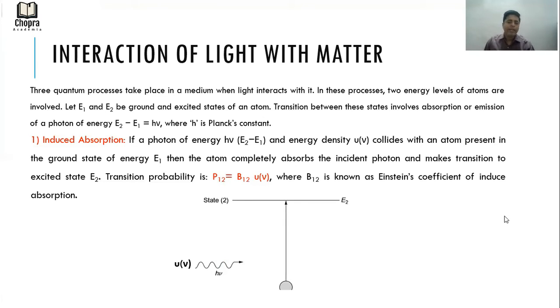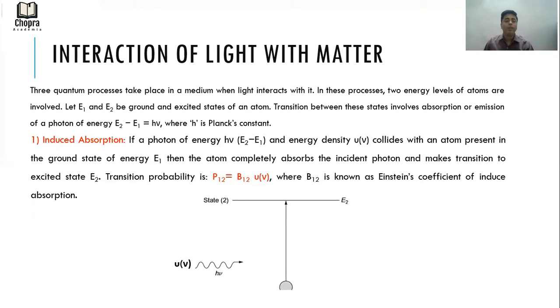When the atom has absorbed the energy and goes to the higher energy state, it gets excited to energy state E2, and then we talk about transition probability. There will be a probability associated with this transition. The notation for this probability, we'll be using this formula shortly, will be P12 because the transition is taking place from energy level 1 to 2.